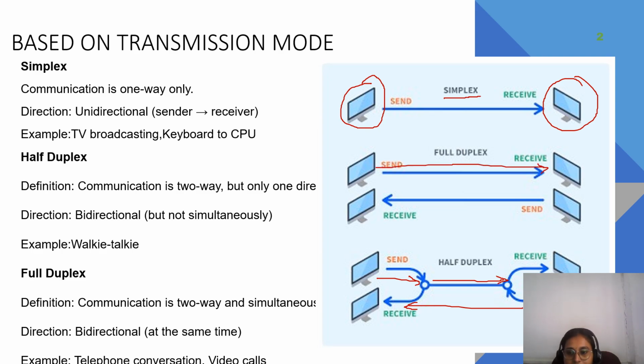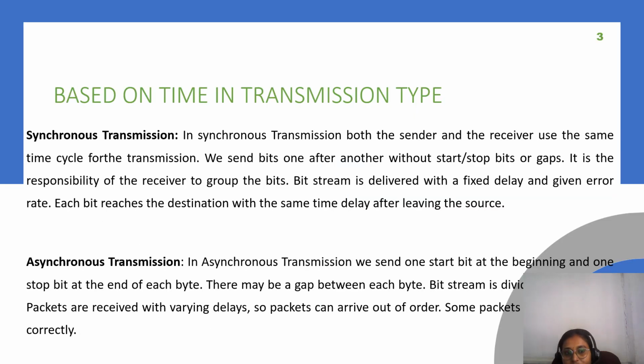At the same time, the receiver can act as a sender and send a message to the sender side. So both act as sender and receiver at the same time. These are the three transmission modes of computer networks: simplex, half duplex and full duplex.